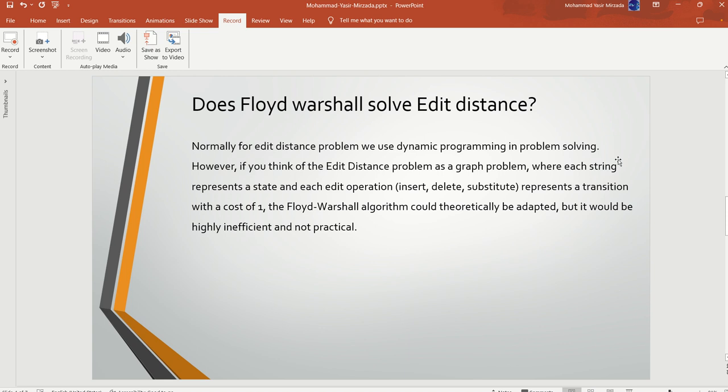However, if you think of the edit distance problem as a graph problem where each string represents a state and each edit operation like insertion, deletion, substitution represents a transition with a cost of 1, the Floyd Warshall algorithm could theoretically be adapted, though not practically.